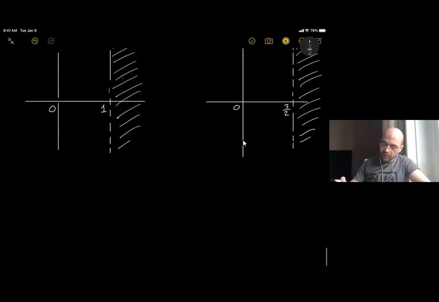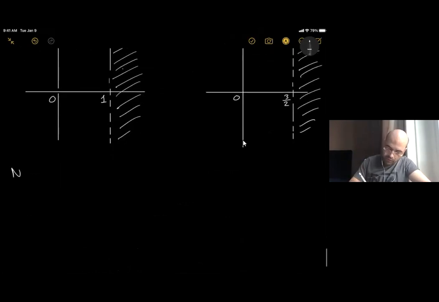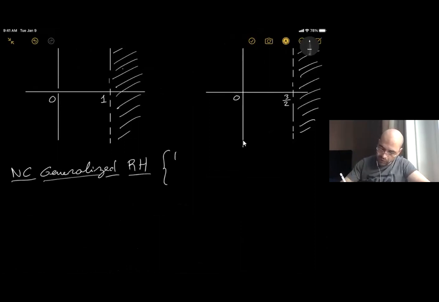And then what is the non-commutative generalized Riemann hypothesis? There are two versions, the even version and the odd version.